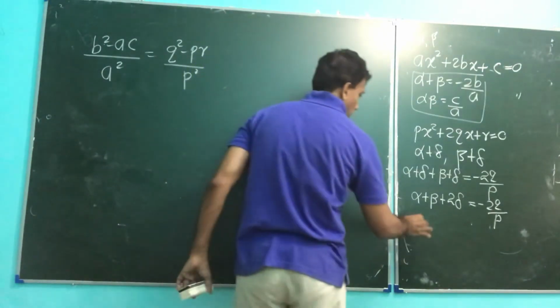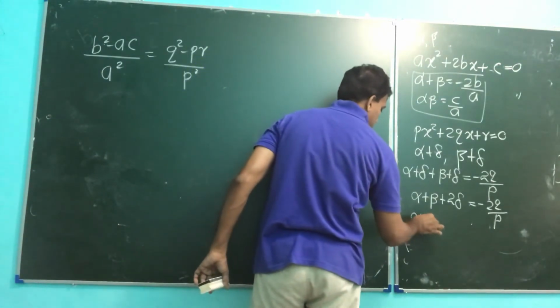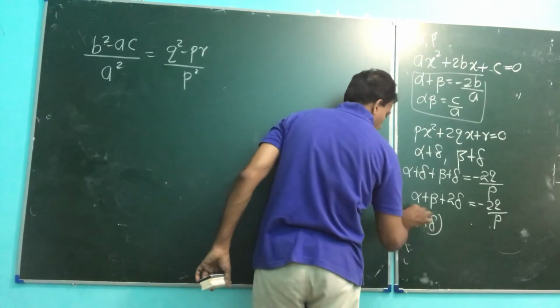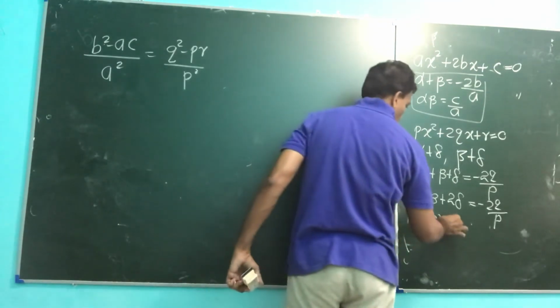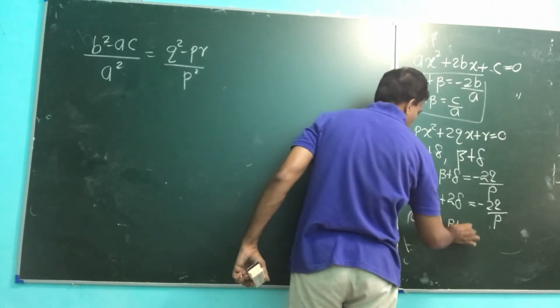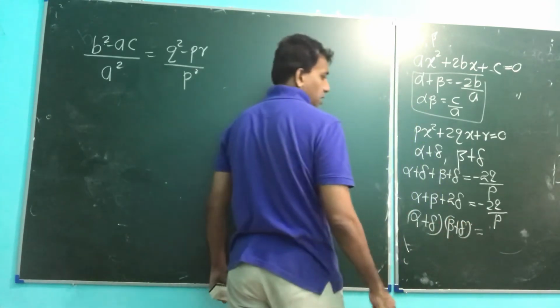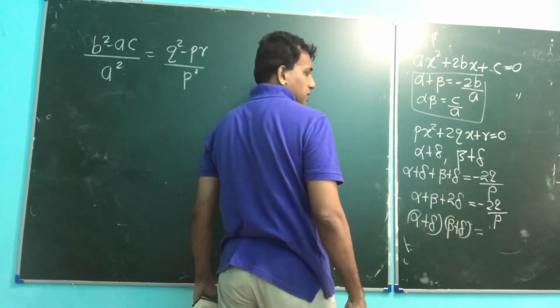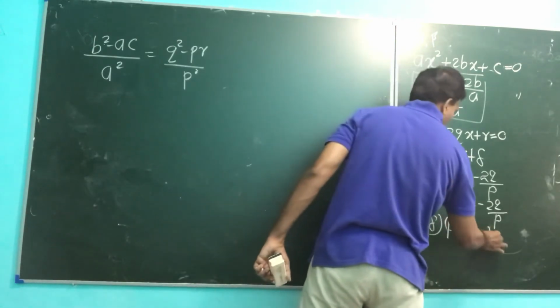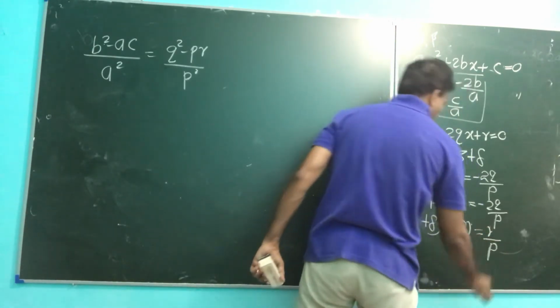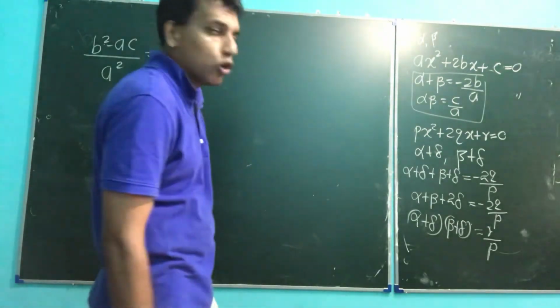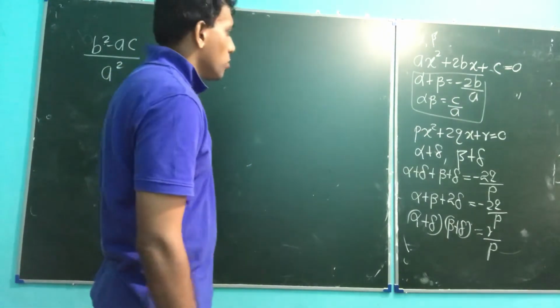Next one, the product: alpha plus delta into beta plus delta. Alpha into beta, what is it? C over a, r over p. There are so many equations.